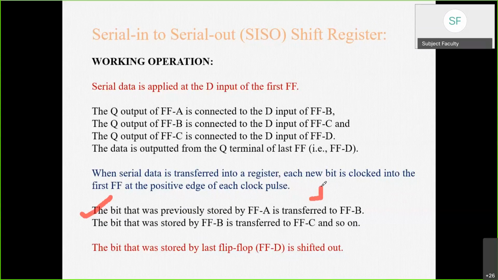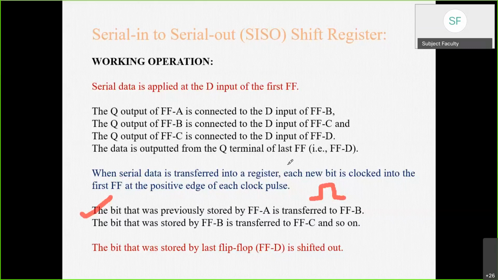After each clock pulse, the output which was earlier the output of flip-flop A will, at the next clock pulse, become the output of flip-flop B. Then again one clock pulse arrives, and the output of flip-flop B becomes the output of flip-flop C. At the next clock pulse, the output of flip-flop C becomes the output of flip-flop D. The bits are simply moving from one flip-flop to the next.